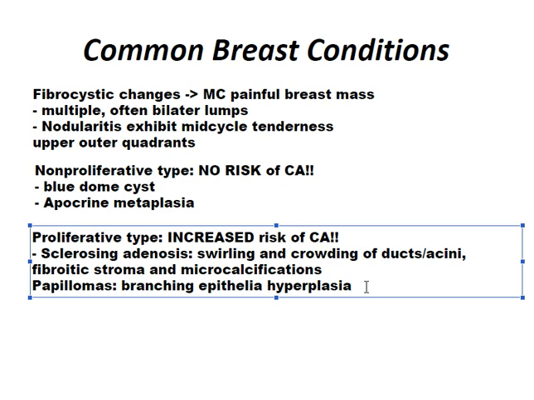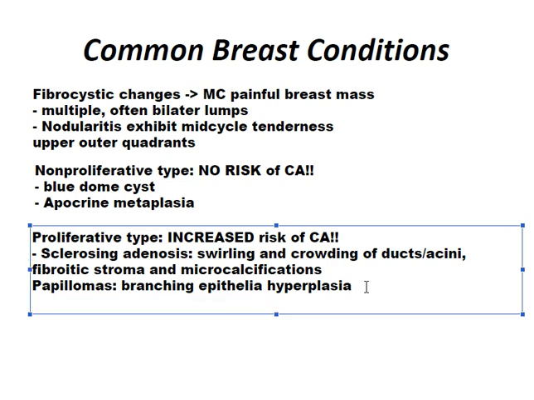And you can also see, with the proliferative type, atypical hyperplasia, which may be ductal or lobular, and that's due to estrogen stimulation. So cells containing acquired genetic defects found in carcinoma have a very similar appearance to carcinoma in situ.